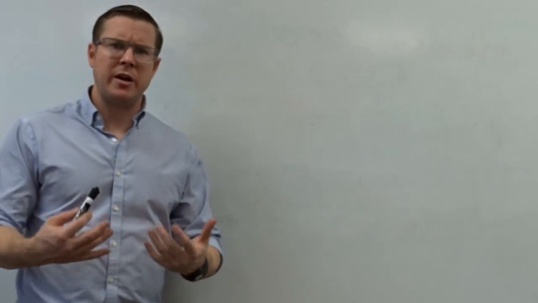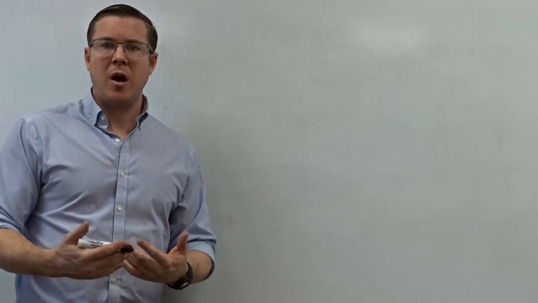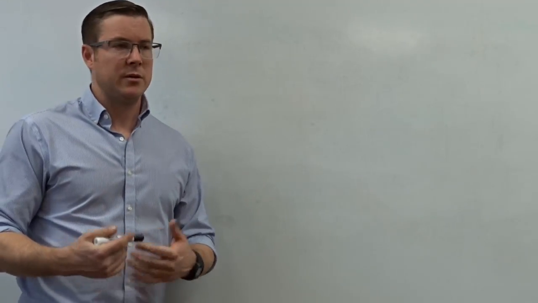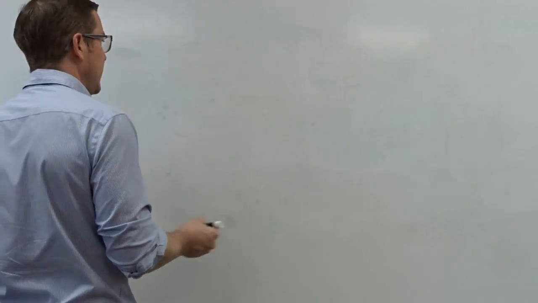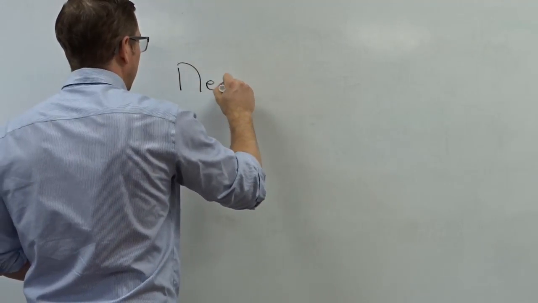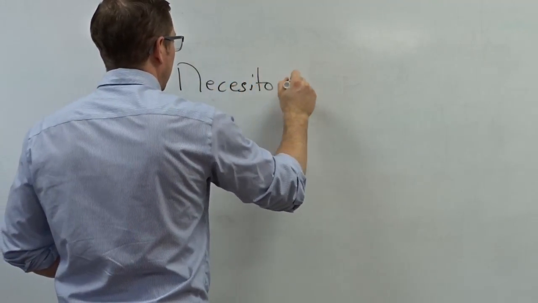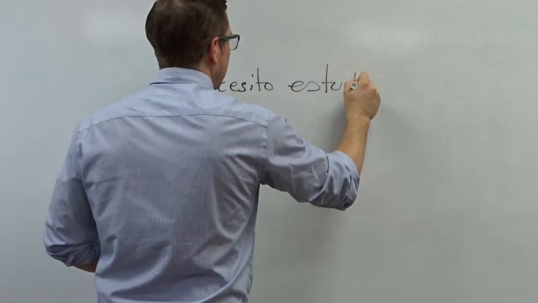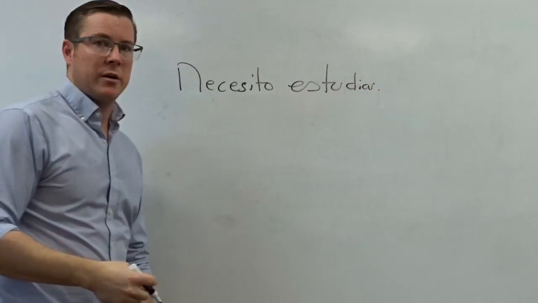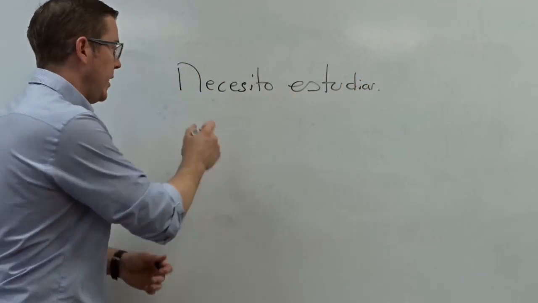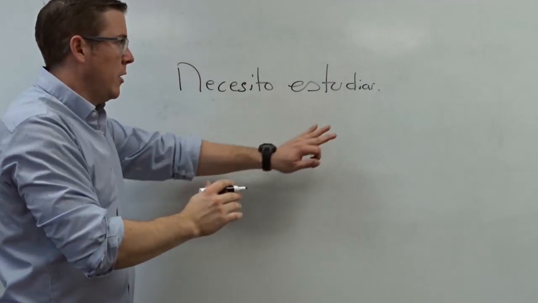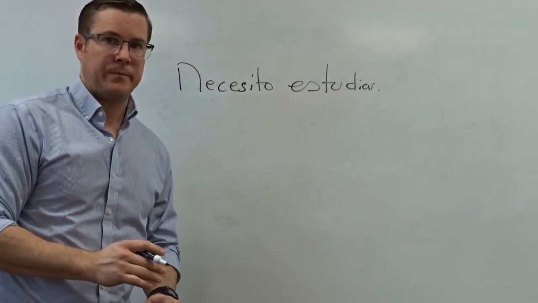So we've talked about compound verb phrases in class. Let me give you an example of a compound verb phrase. Necesito estudiar. I've got a conjugated verb paired with an infinitive.